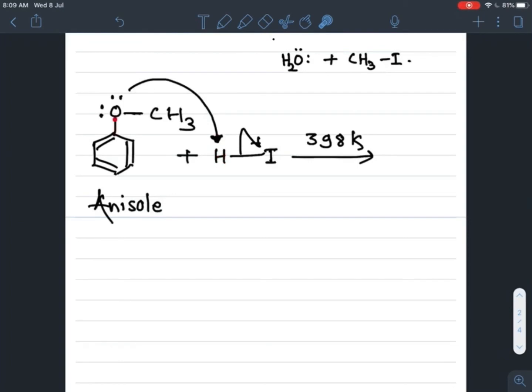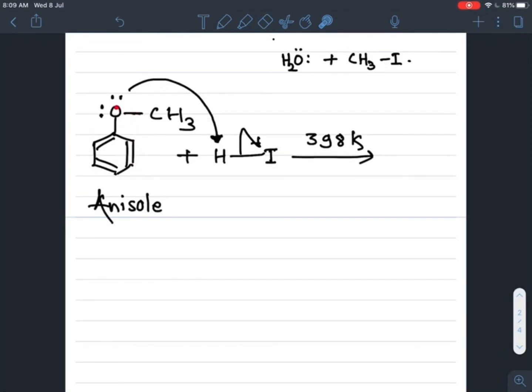This bond does not break in the phenol because the benzene ring forms resonating structures, which are the most stable, and that's why no further reaction takes place.